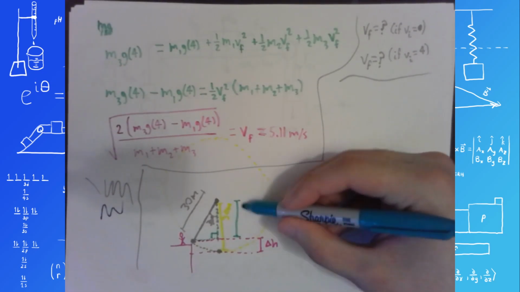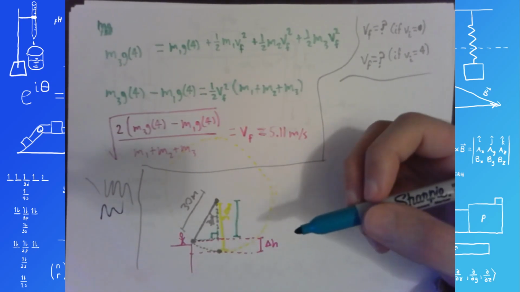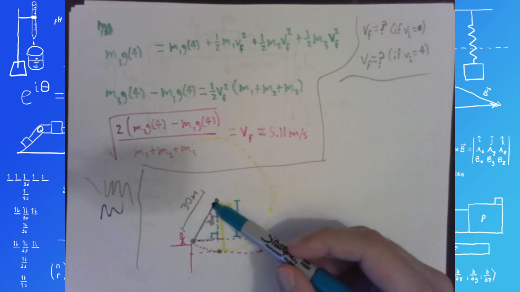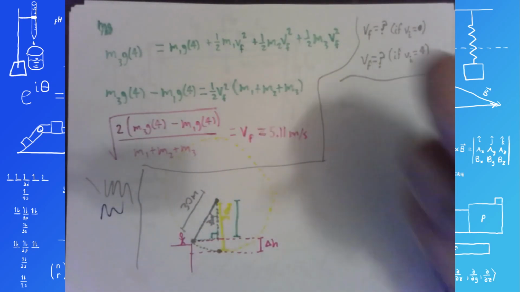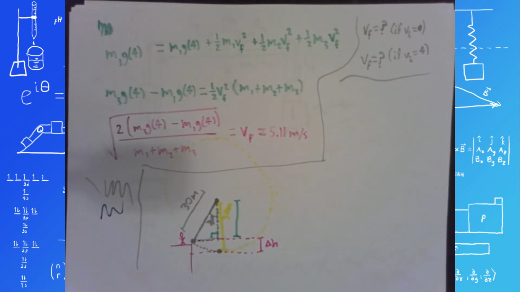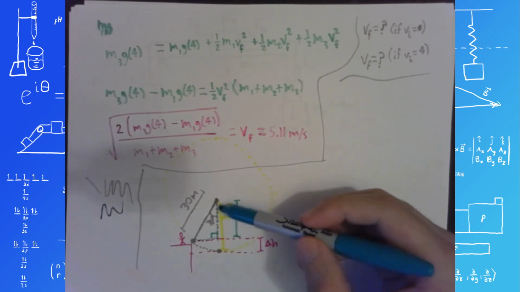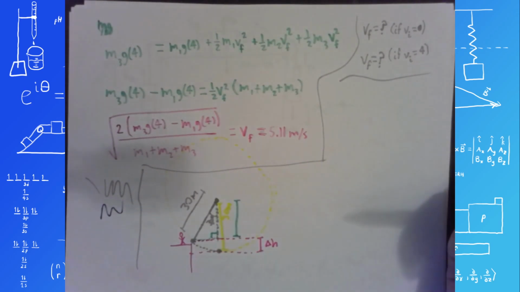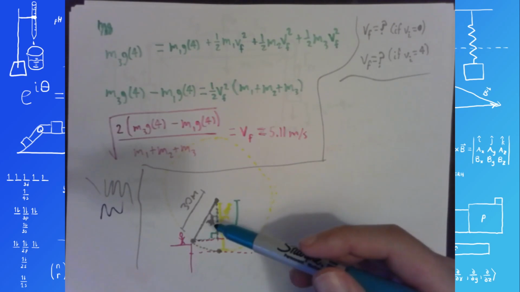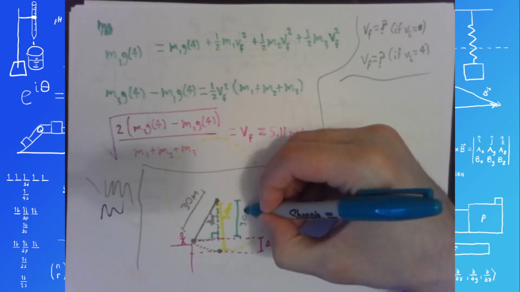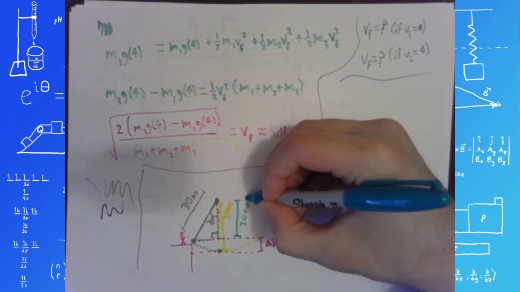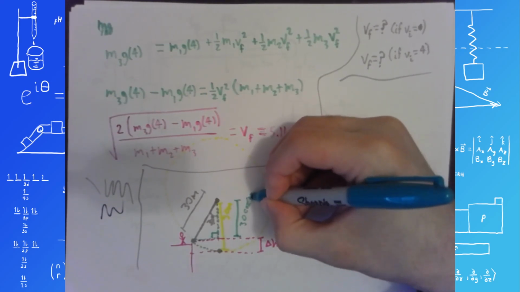We can figure out what this distance is. If we know the hypotenuse of our right triangle is 30 meters, and we know that angle is 37 degrees, then all we have to do to get the adjacent side length is multiply 30 by the cosine of 37. So this is 30 cosine of 37 degrees.